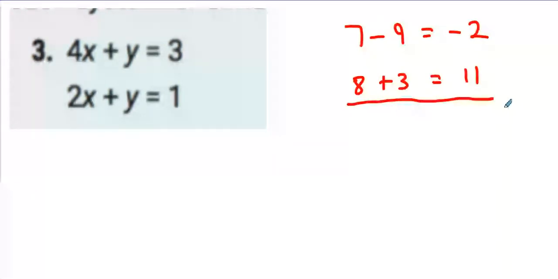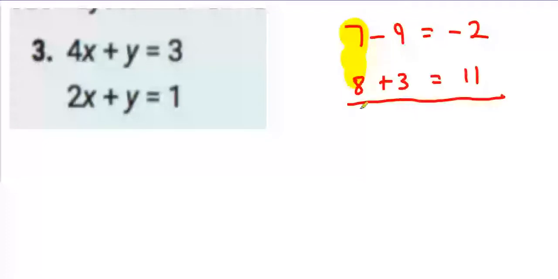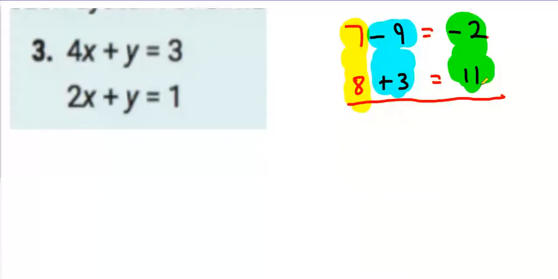Now, here's what I want you to look at. There's 3 channels. There's the yellow channel. There's the blue channel, which includes the minus. Everybody see the blue channel? And finally, does everybody see the green channel? That's what I want you to be aware of. 1, 2, 3. 3 channels.